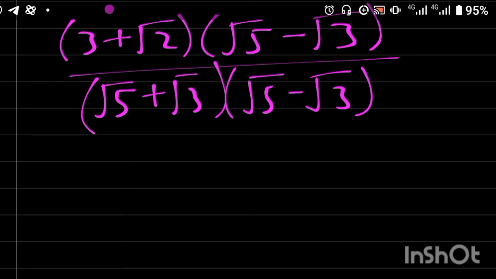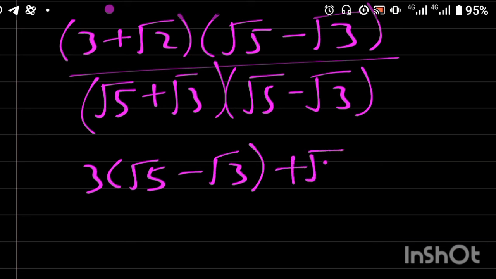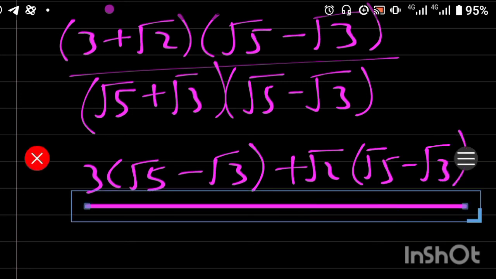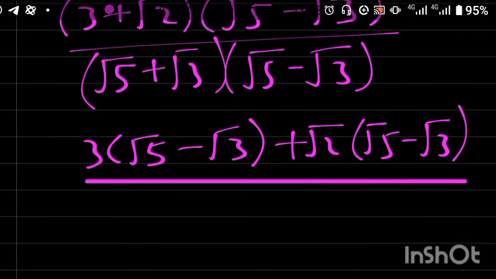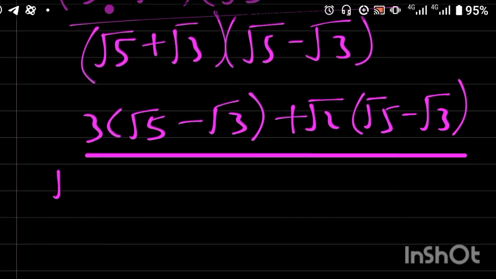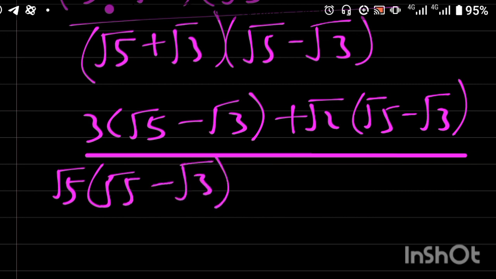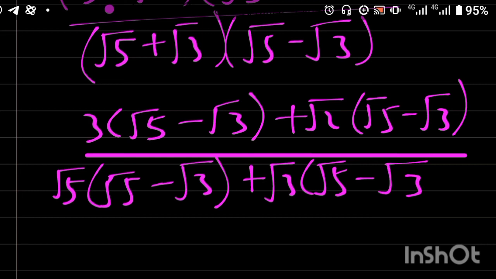So let's expand the upper part. It's going to be 3 into bracket root 5 minus root 3, then plus root 2 into bracket root 5 minus root 3, all over root 5 into bracket root 5 minus root 3, bracket closes, then plus root 3 into bracket root 5 minus root 3.